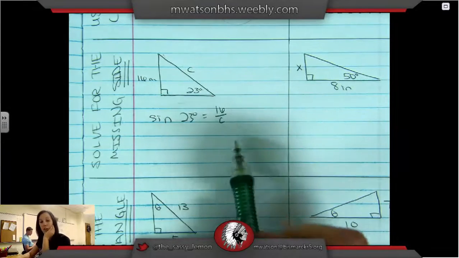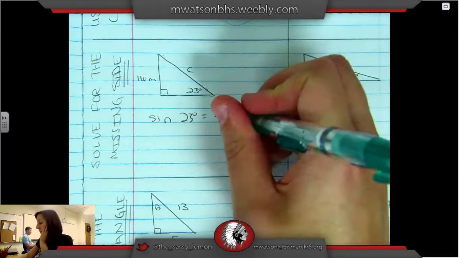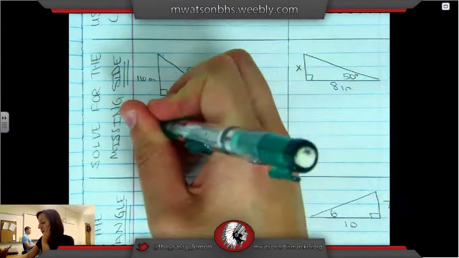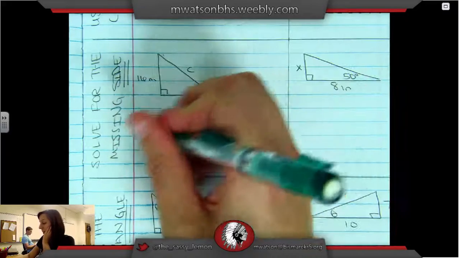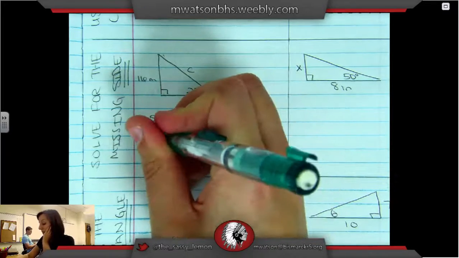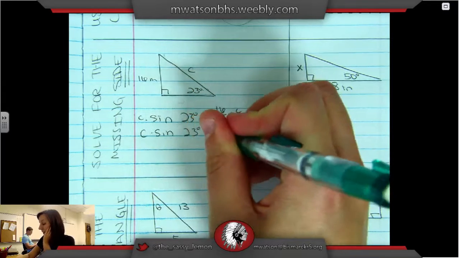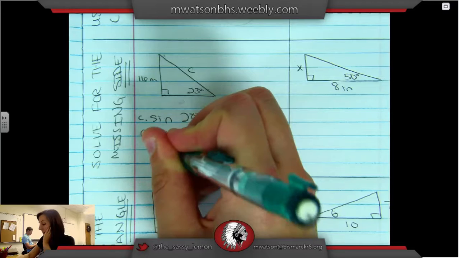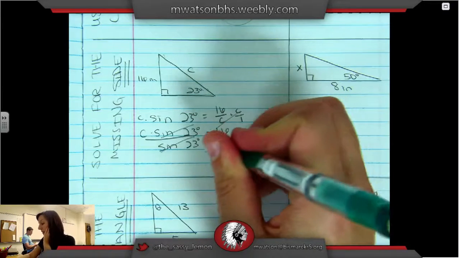So here's another one of those tricky ones where we have to get c out of the denominator first by multiplying by c over 1 on both sides. And then we're going to divide by sine of 23. But I'll go ahead and write this out so it looks nice and neat. Remember, sine of 23 just represents a number. That's why we can divide by it.